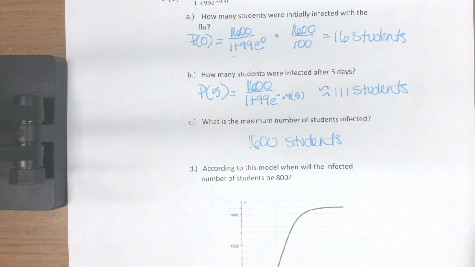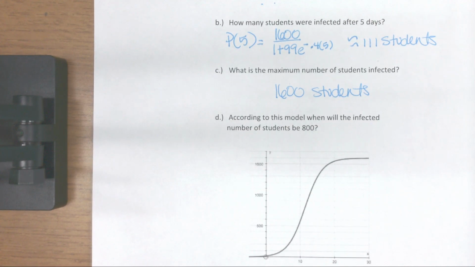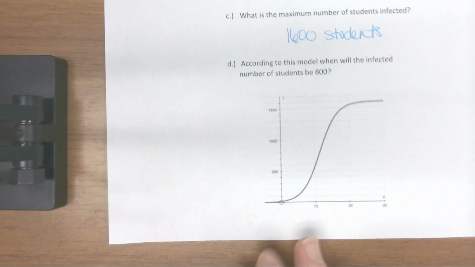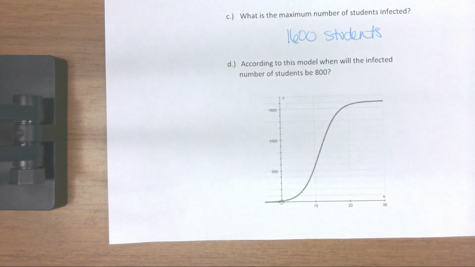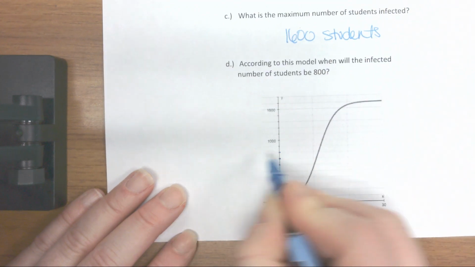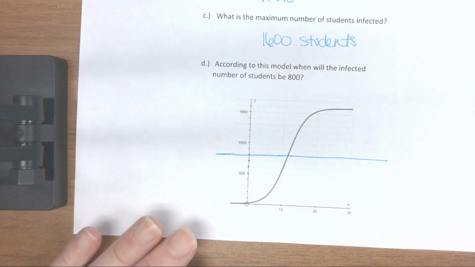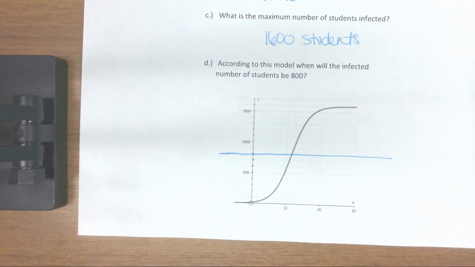For today, according to this model, when will the infected number of students be 800? You're literally going to graph and find the intersection. You can do this on Desmos or your graphing calculator. I provided a picture of the graph for you.